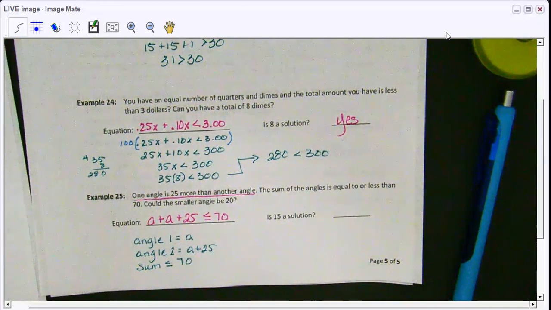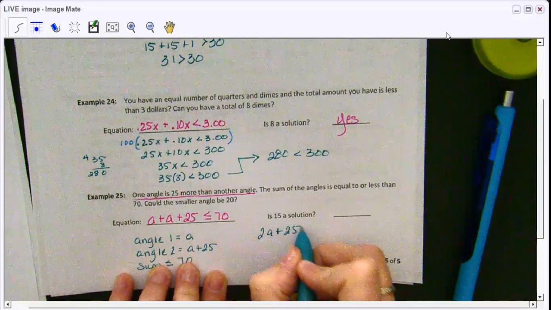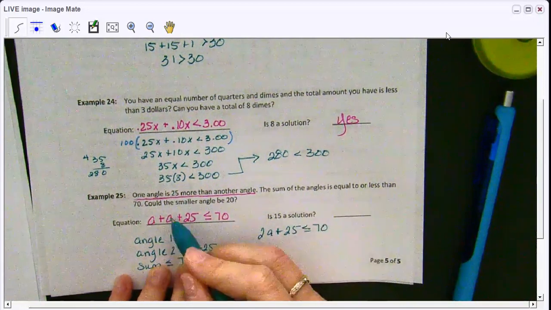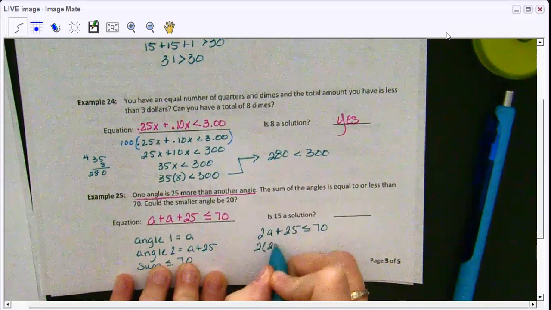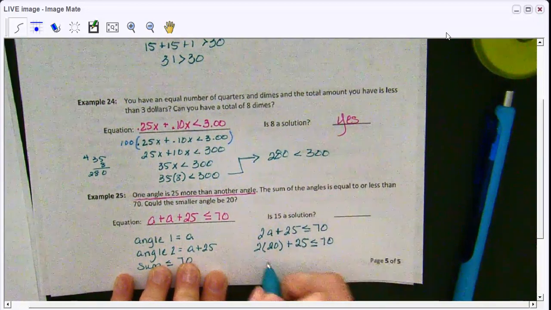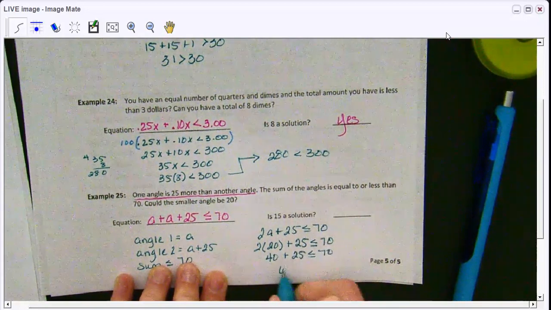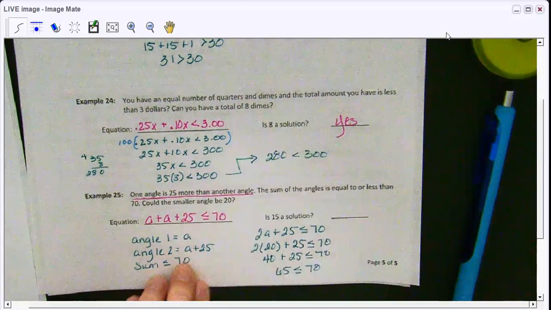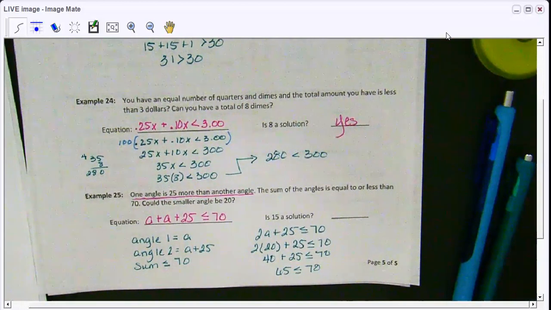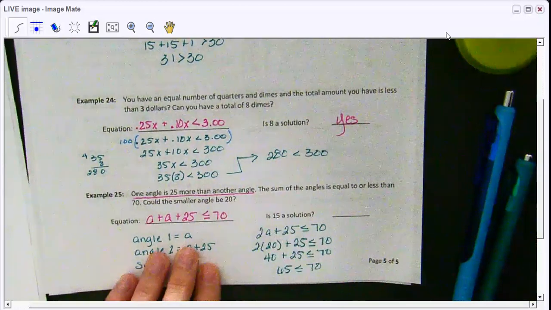Now it says, could the smaller angle be 20? Well, let's figure it out. We have 2A plus 25, and we're going to plug 20 into there and see if that is less than or equal to 70. Oh, here I put "is 15 a solution," but that should say 20, not 15.